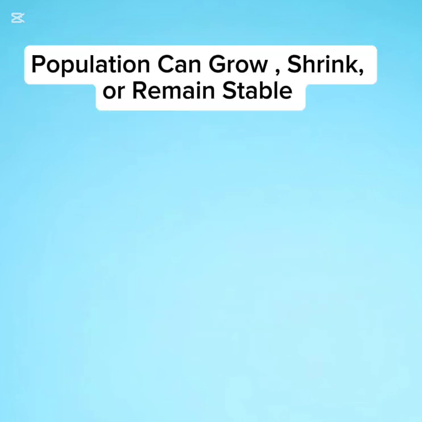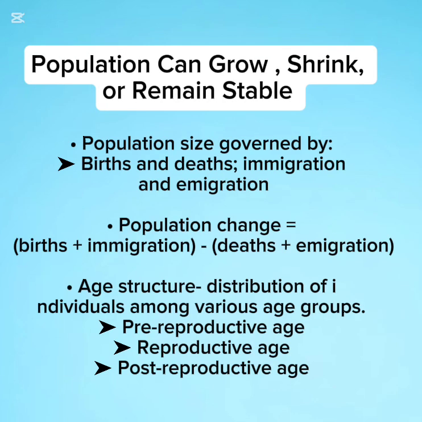Population can grow, shrink, or remain stable. Population size is governed by death, birth, immigration, and emigration. Let's proceed to population change. The equation of population change can be expressed as follows: population change equals birth plus immigration minus death plus emigration.